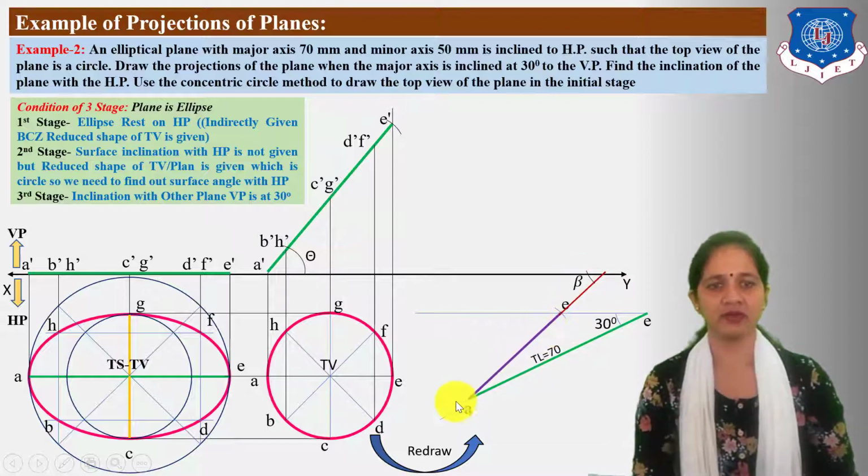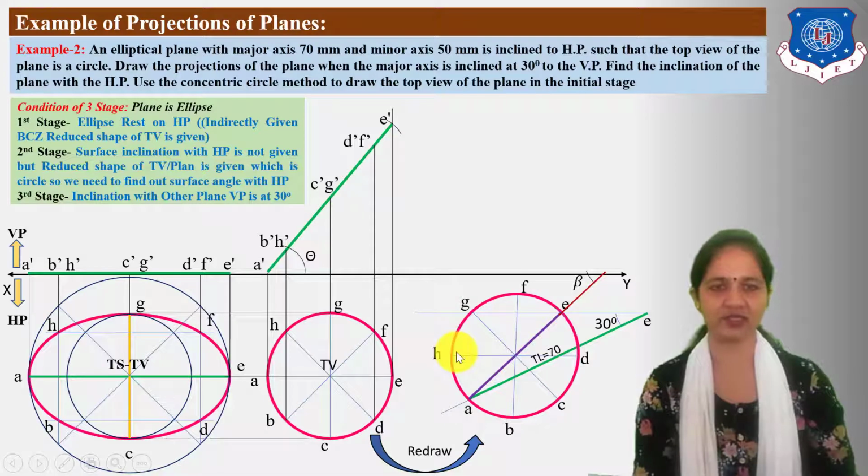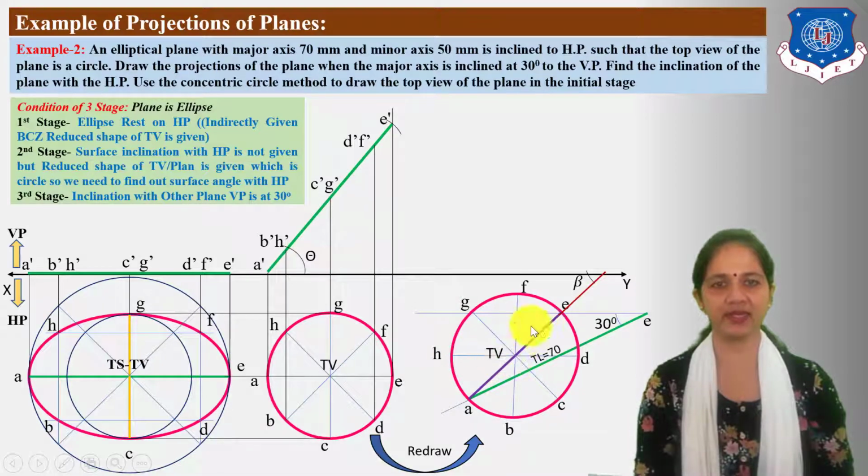Now, next draw a perpendicular diagonal line from this center. Draw a circle. This circle is divided into equal 8 parts, and mark the remaining points B, C, D, F, G and H. So this indicates the inclined reduced shape.